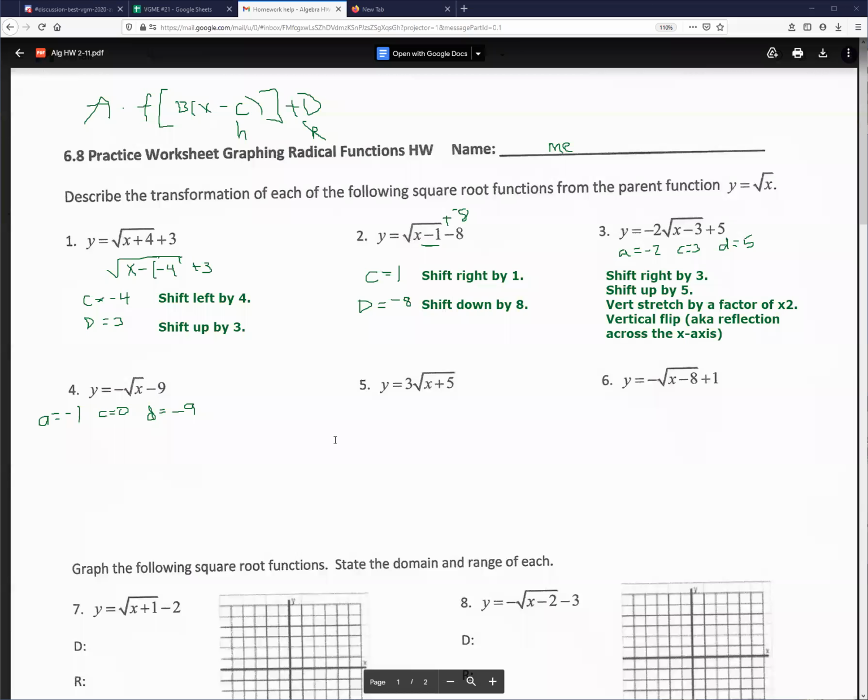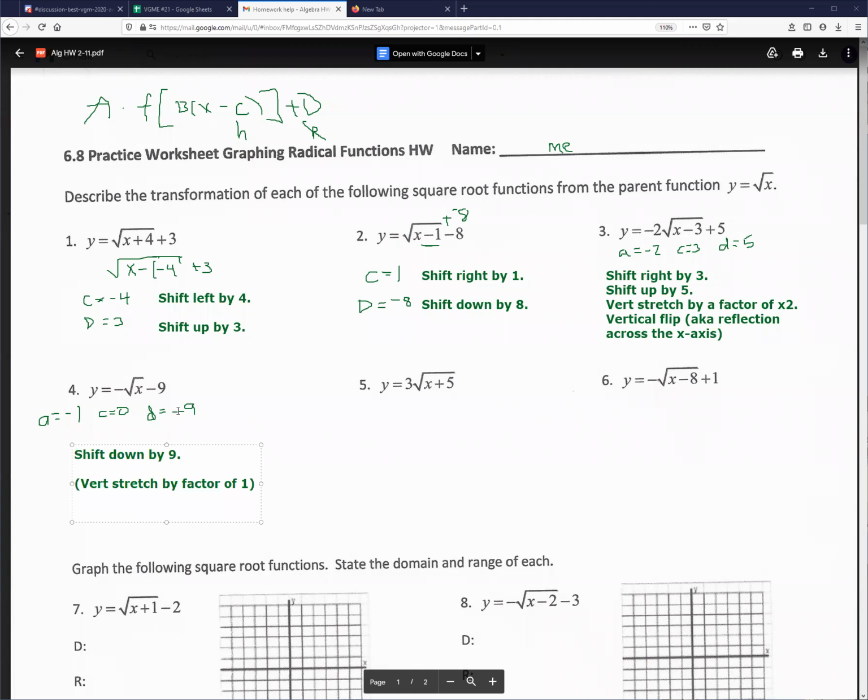Okay, so with C being 0, we don't have a shift left or right, so we're not going to write that part. With D being a -9, we do have a vertical shift, so we're going to shift either up or down. Let's think negative is going to go in the down direction by 9. And then, all right, our vertical stretch is by a factor of 1. You don't need to write this. I'm going to write it just to make it clear what I'm talking about.